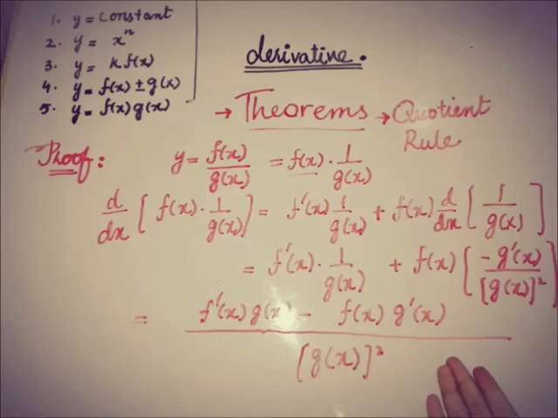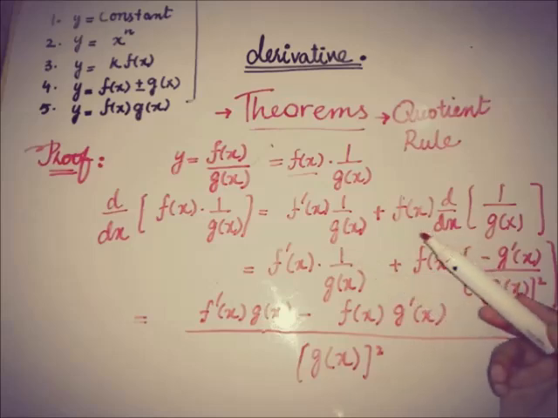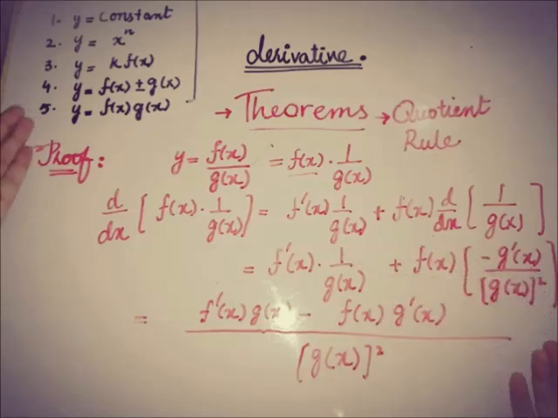And this is just what the quotient rule says about such types of functions, how we can find the derivative of such functions. We proved it by using the previous theorems that we proved earlier. This is an interesting thing about the proof of this theorem, and we can also prove this by using the definition, or the first principle. But this is the more interesting way to prove the quotient rule.